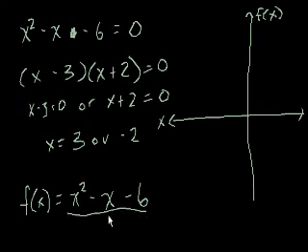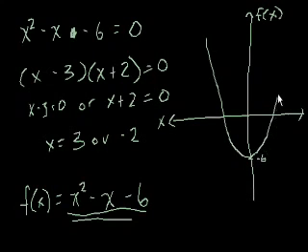If I were to graph this equation, it will go up in that direction, and I know it goes through minus 6 because when x equals 0, f of x is equal to minus 6. So I know it goes through this point.